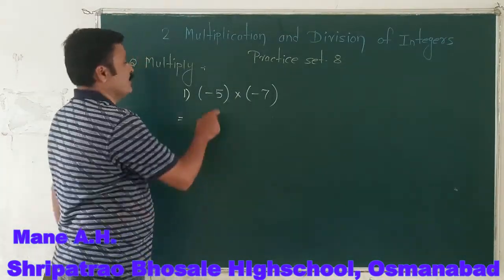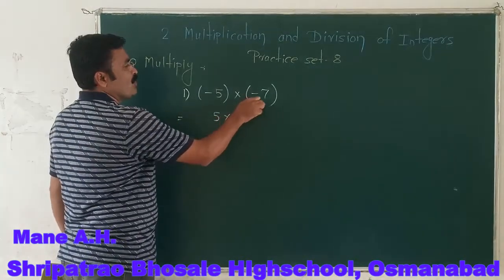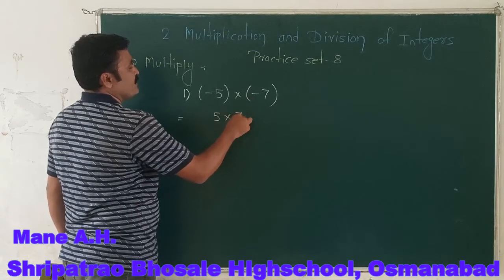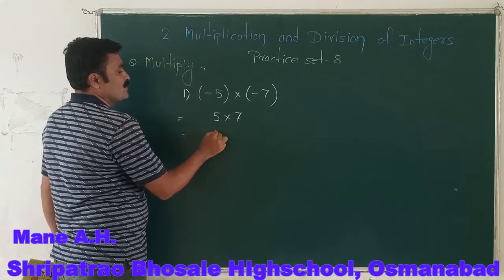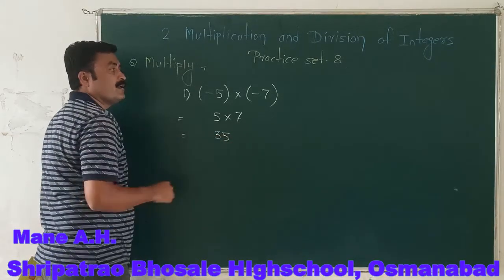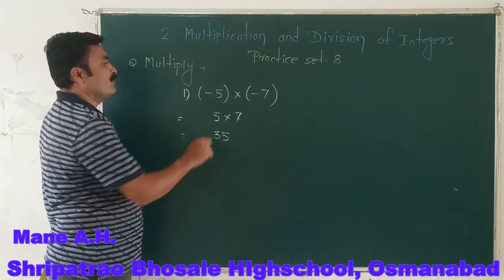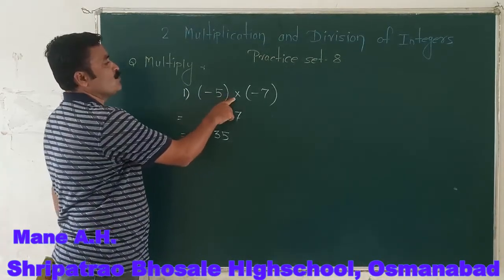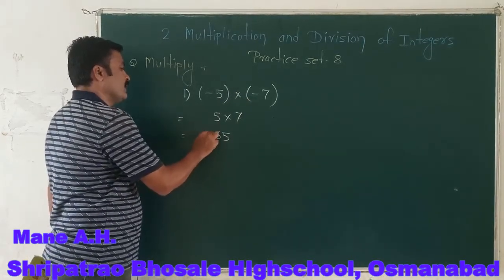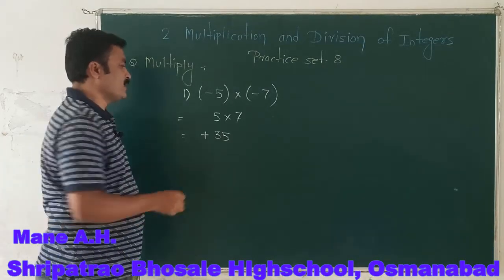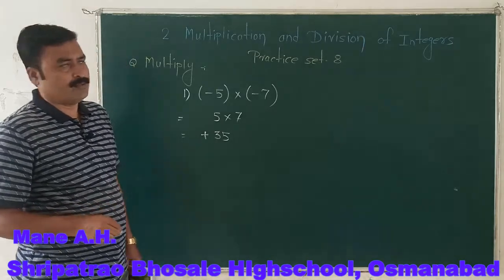Magnitude of minus 5 is simply 5, into magnitude of minus 7 is simply 7. The product of these two magnitudes, 5 into 7, 5 sevens are 35. This is not our final answer. Now we take minus into minus, that always gives plus.